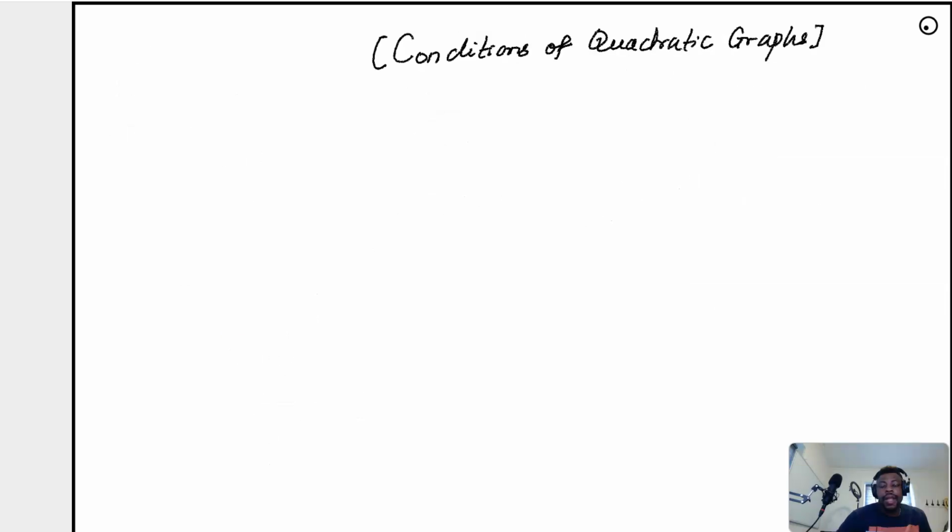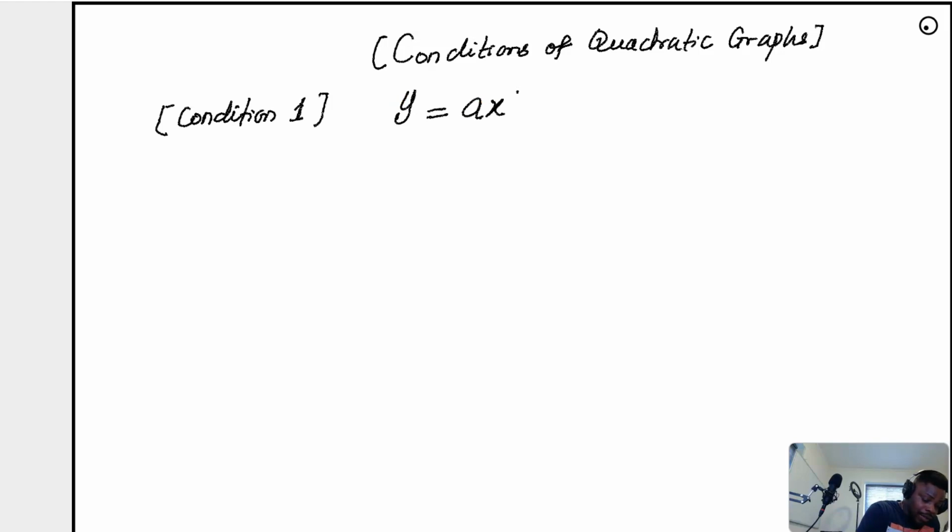Now, conditions of quadratic graphs. I have 3 conditions that I'm going to share with you. Condition 1 is when your function is ax squared.